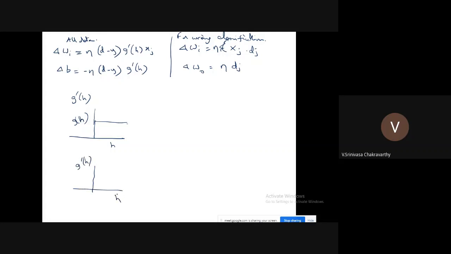Anybody? Hello? If G is step function, what is G prime? The derivative of step function. Delta function. Very good. Yeah, so you have delta function. So if you plug in delta function here in this equation, what happens?